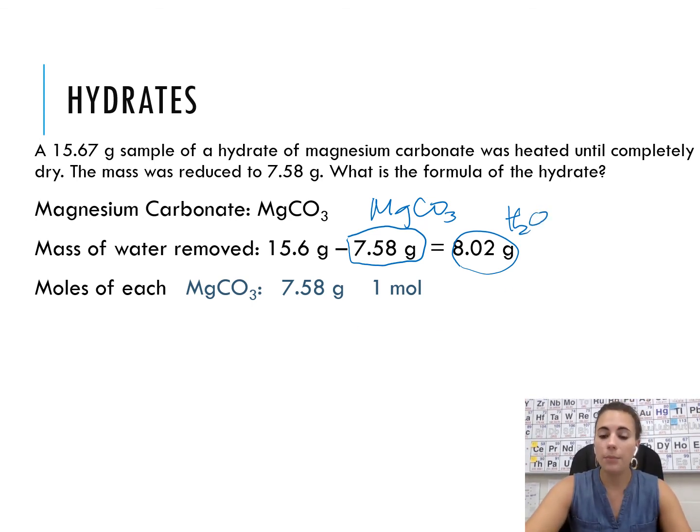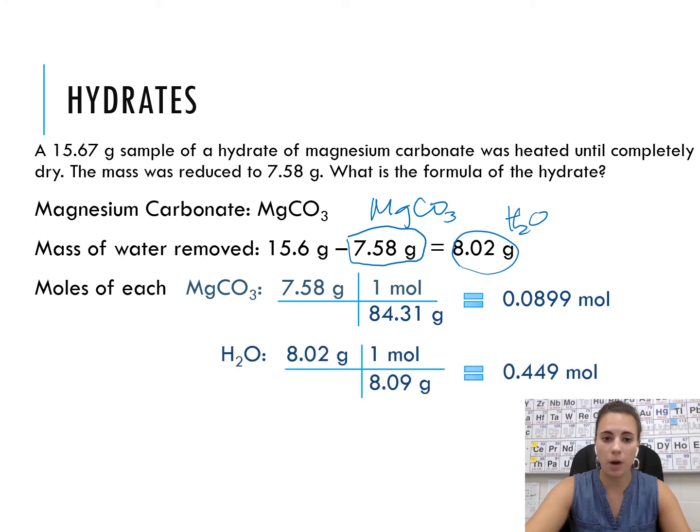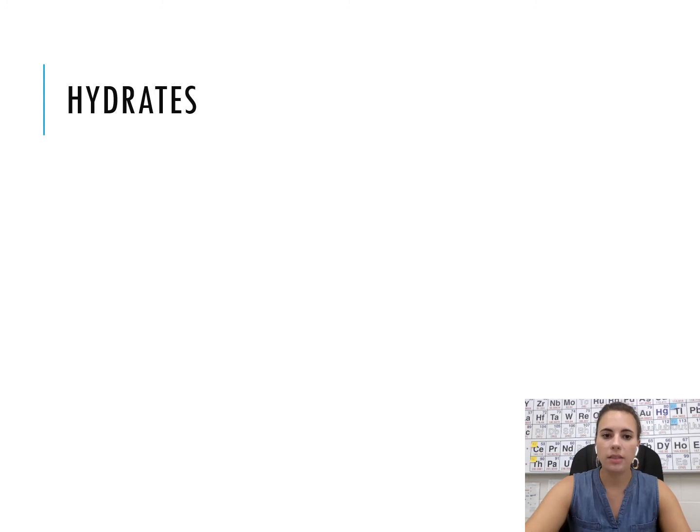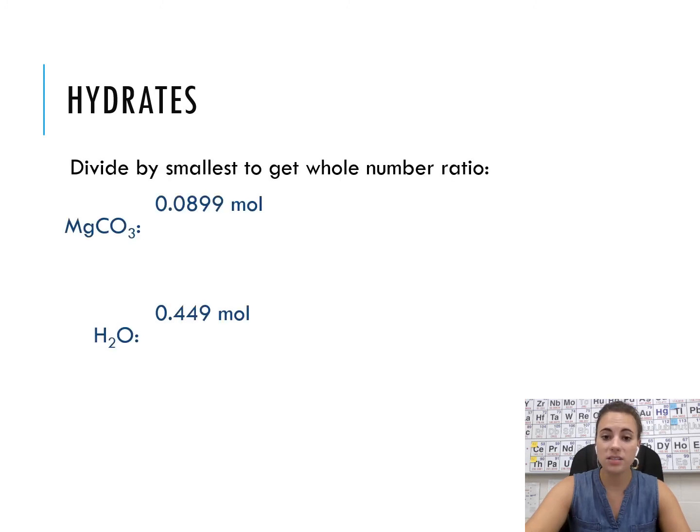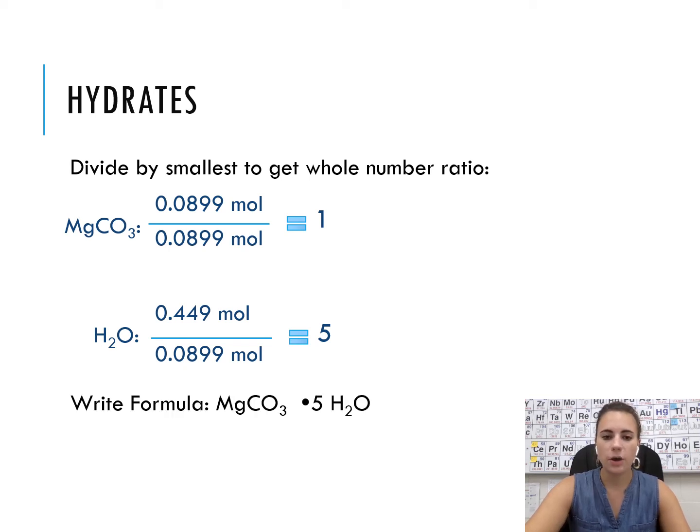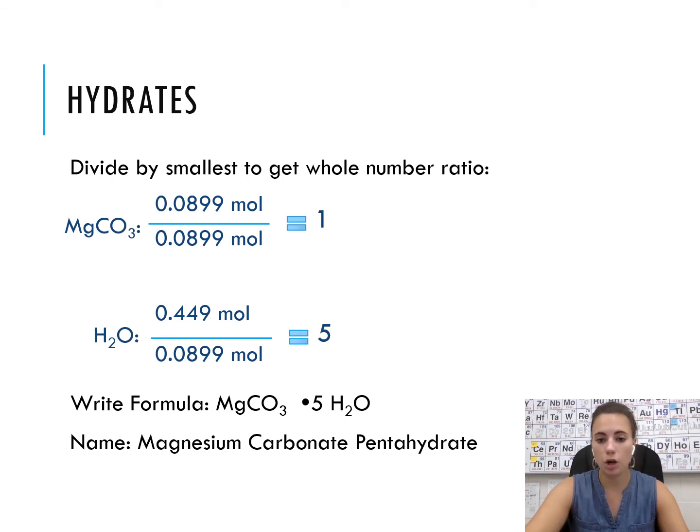So now I'm going to find the moles of each, just like I did in the other empirical formula problem. I take their mass and convert them to moles, then divide by the smallest one to get that whole number ratio, and I get 1 to 5. So I write the formula, magnesium carbonate, this dot just indicates to me that it's a hydrate, 5 waters. The name would be magnesium carbonate pentahydrate.